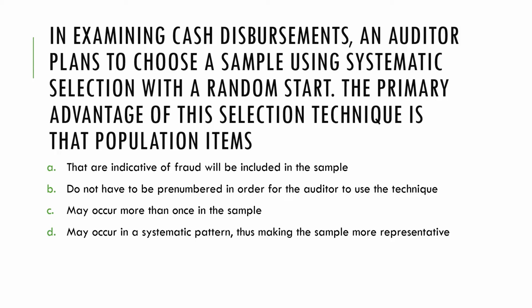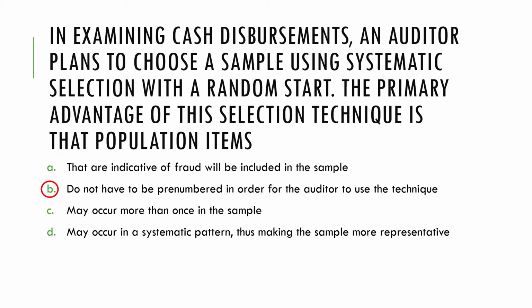We once again highlight the fact that what we are looking at is the primary advantage, and the primary advantage is that the sampling units do not have to be logically arranged and they do not have to be pre-numbered, as we could easily use the physical arrangement of, or the physical location of the sampling units in order to draw out the sample, or in order to select rather the sampling units.